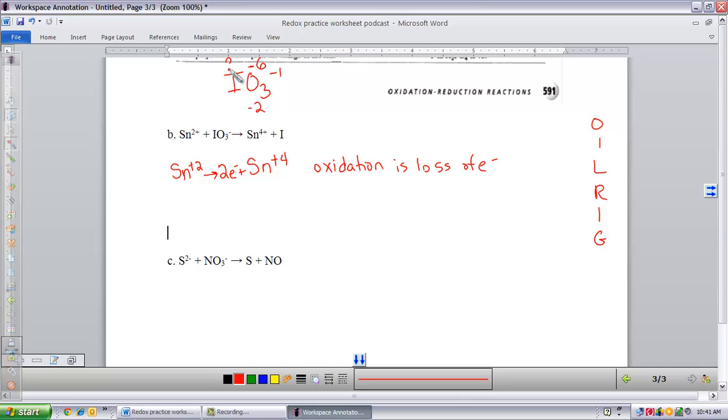Well, in order to find out what iodine is, if the total charge is -1 and oxygen takes 6, you can think of it as an algebra equation. So iodine has to be some number so that the total is -1. And so then X is equal to a +5. So iodine here is a +5.